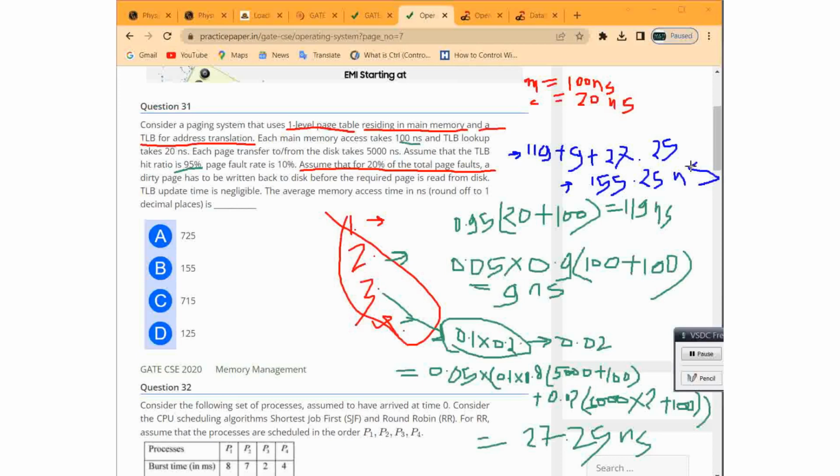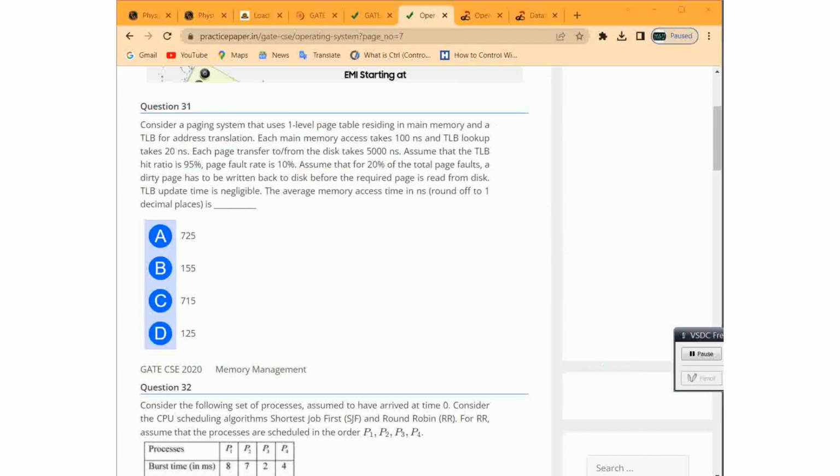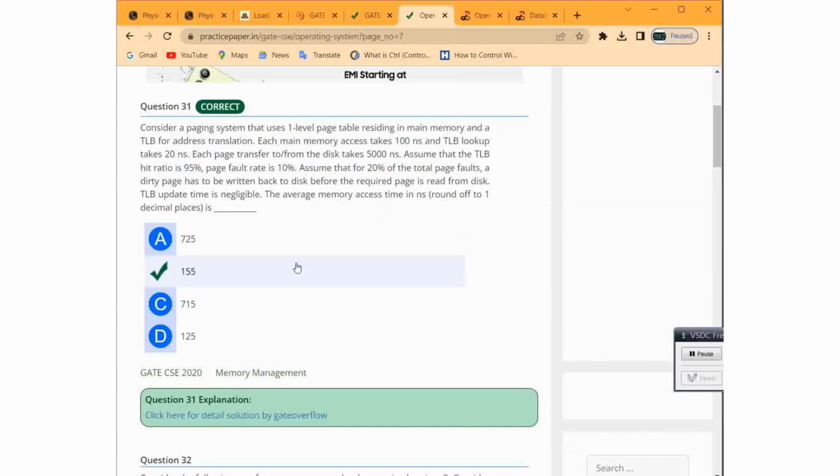And from the options, option B is the closest, so we can click on that. Yes, it's the correct answer.